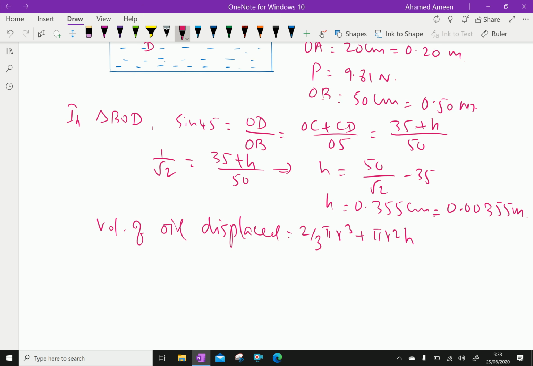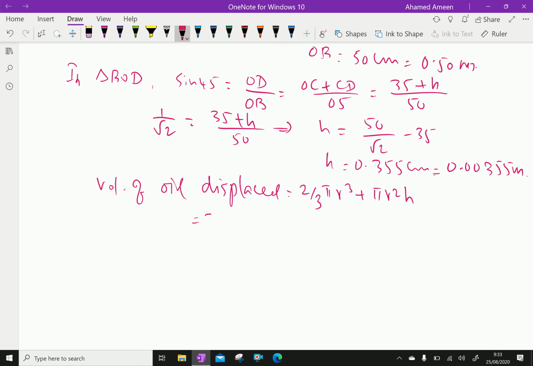Now we'll put the values: 2/3 pi, r is 0.075 cube, because 15 centimeter is 0.15 meter, which divided by 2 is 0.075, cube, plus pi into this r is 0.075 square into h is 0.00355.